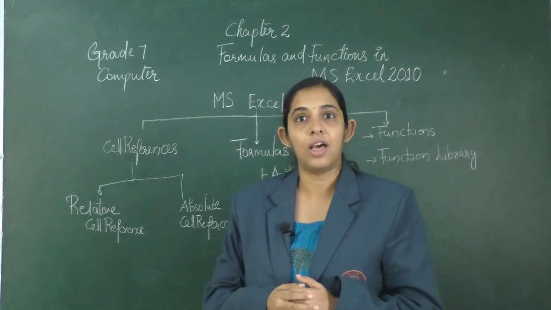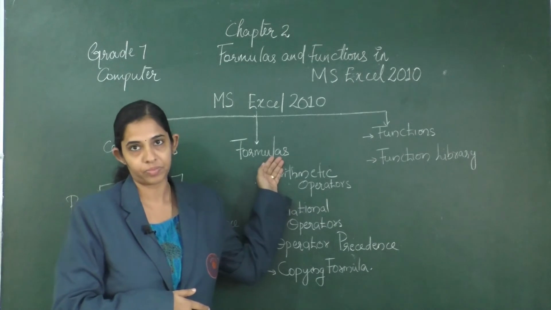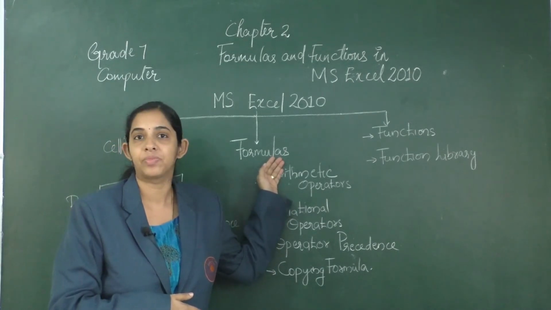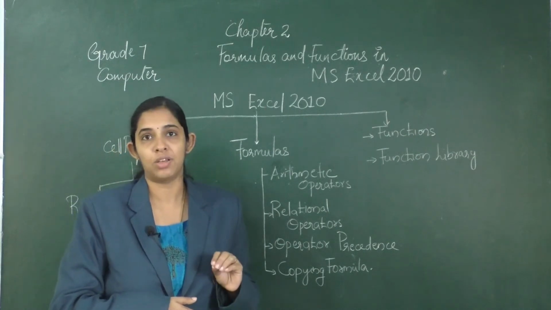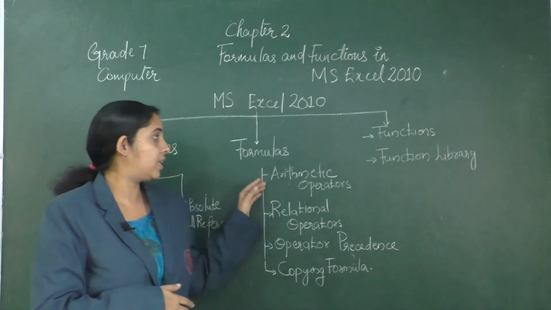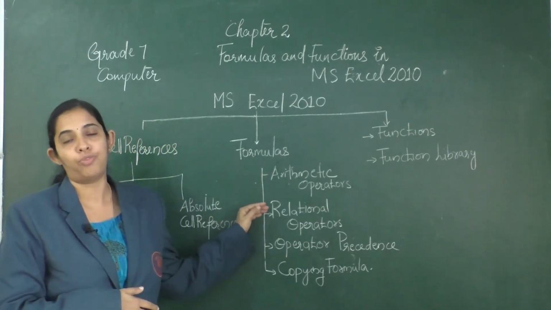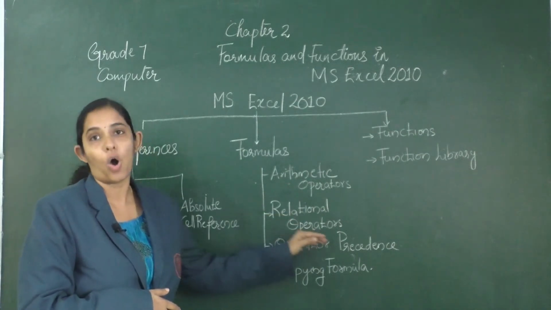Next, we have seen formulas in MS Excel 2010. What is a formula? A formula is a combination of values, operators and cell references. So we have seen different types of formulas using arithmetic operators and relational operators.